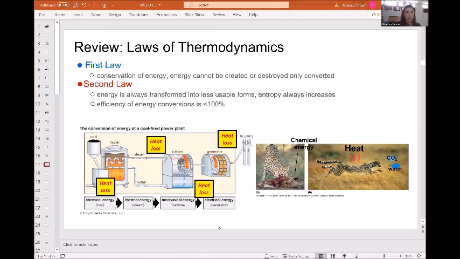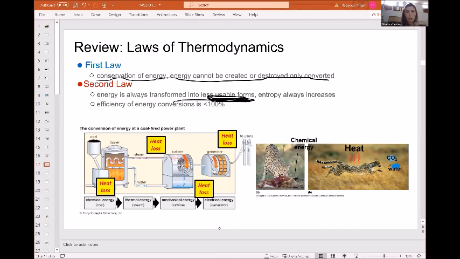So the first law, of course, is conservation, meaning that energy cannot be created or destroyed, only converted. Where that's going to come back later is how energy moves from one trophic level to another. But within these exchanges, we have a transformation from highly usable, high quality energy to less usable or low quality energy.